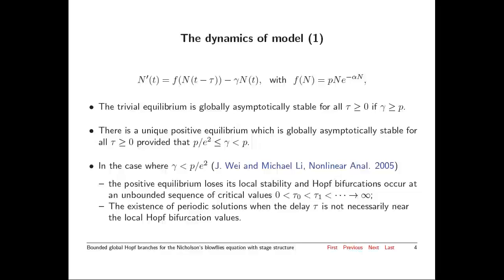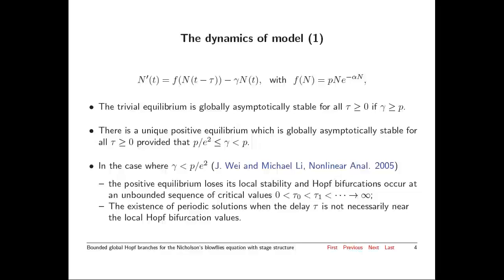It means that if we increase the time delay tau, we can find the first bifurcation value tau naught. If tau crosses the first bifurcation value tau naught, the stability of the positive equilibrium will change from stable to unstable. They also found that there exists an unbounded sequence of Hopf bifurcation values tau naught, tau 1, up to infinity, and Hopf bifurcation occurs at this unbounded sequence of values.